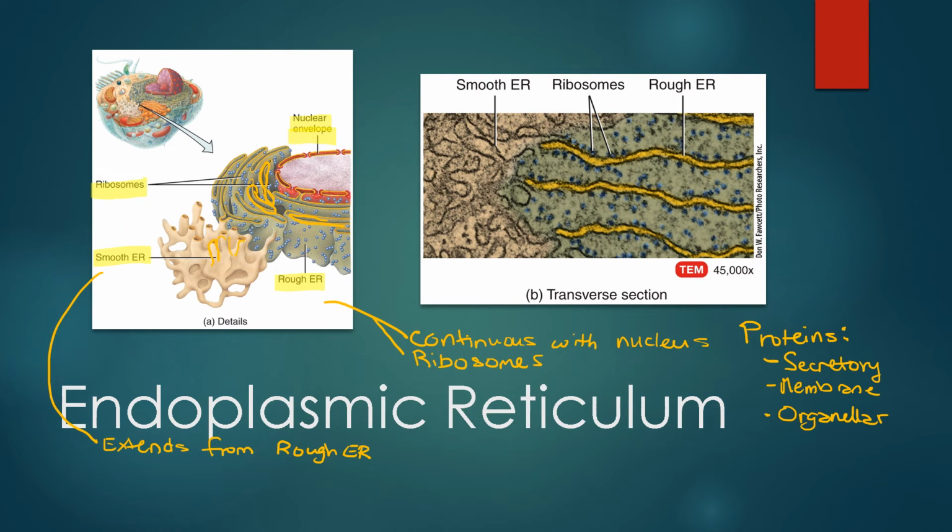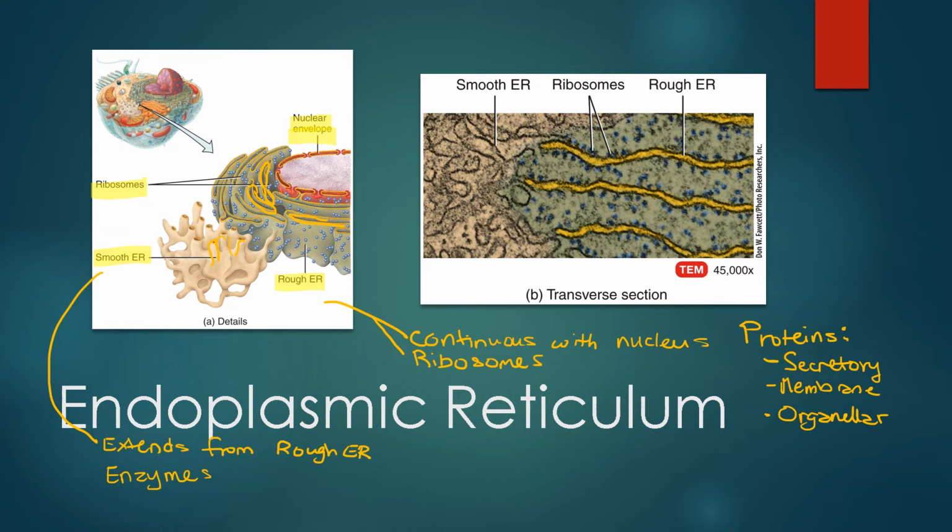So it does look quite different from one another. Now, unlike the rough ER, the smooth ER does not have any ribosomes on the outside surface, but the smooth ER does contain unique enzymes that make it a lot more functionally diverse than the rough ER.